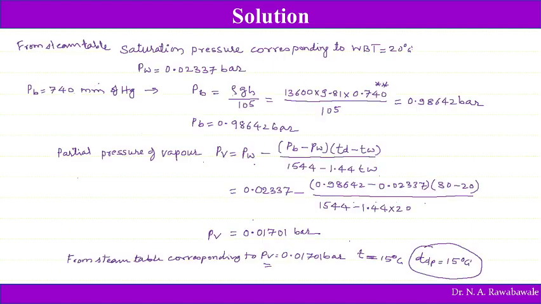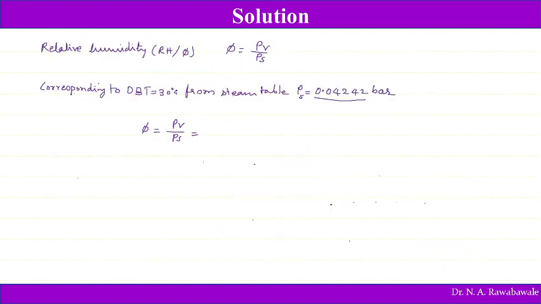PV we have just obtained, which is 0.01701, divided by PS, which is 0.04242. So we get phi equal to 0.4, or this can be written as relative humidity is 40%.